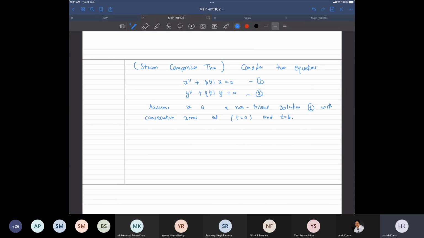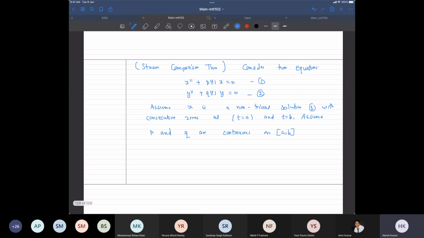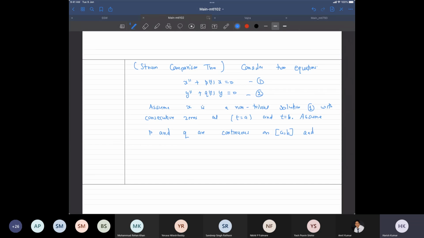So furthermore, assume that p and q are continuous on the closed interval [a, b], and p(t) is less than or equal to q(t).